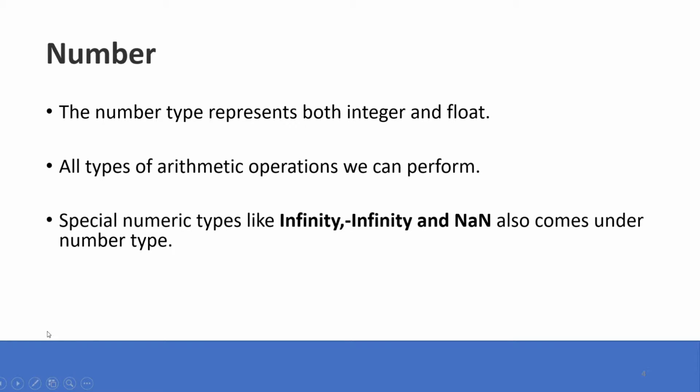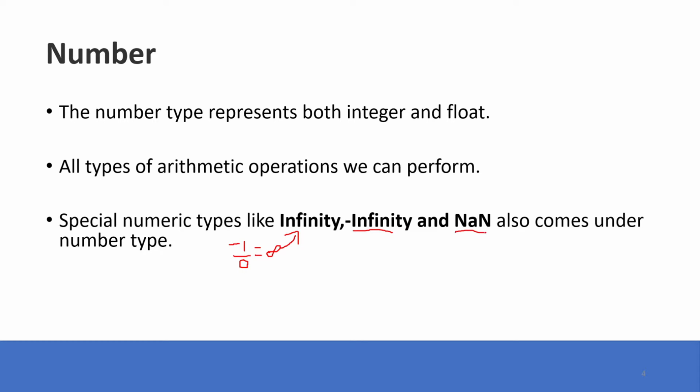So let me explain. When we divide a number by 0, its answer is Infinity. So in JavaScript it is given a special value, Infinity. Similarly, for a negative number divided by 0, it leads to -Infinity.